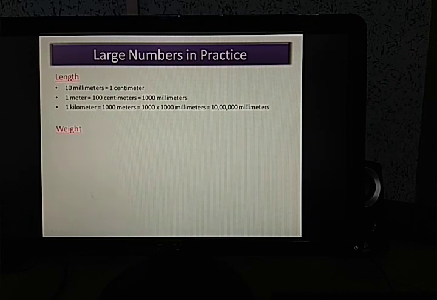These are what we call weight, the weight of the substance or the amount of the substance that we require. Say we are purchasing some rice. We cannot say, give me 1 kilometer of rice. This would be very inappropriate.